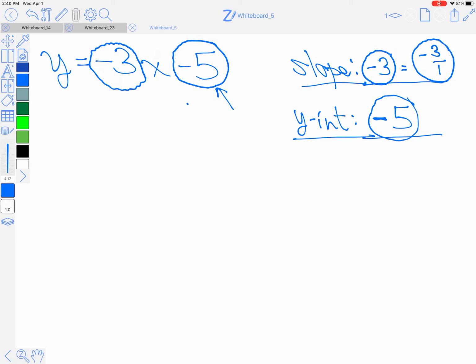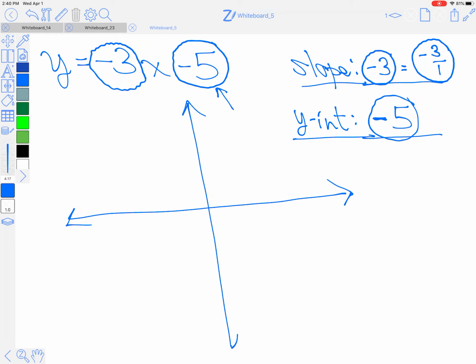So if I look at the graph of this, again, the y-axis is this one that goes up and down. My y-intercept is at negative 5, so that means I start in the middle and I go down 1, 2, 3, 4, 5. I'm at negative 5 on the y-axis, and that's the first point I put on the graph.